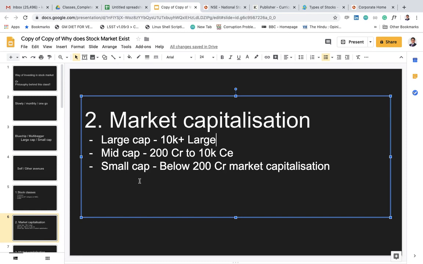So let's take an example. Let's say TCS has become a 7 lakh crore company. Now it has become a 7 lakh crore company because it has served the market size of the IT industry by 30-35%. Obviously, there are other market players who are also serving.